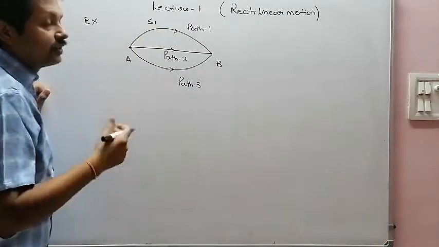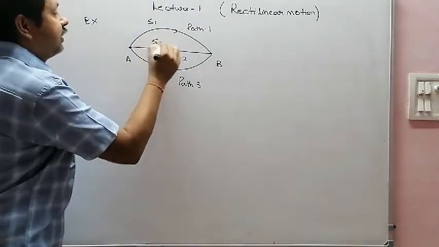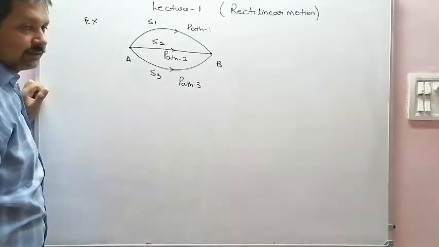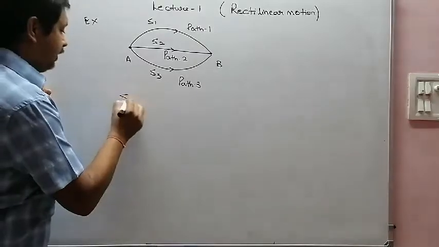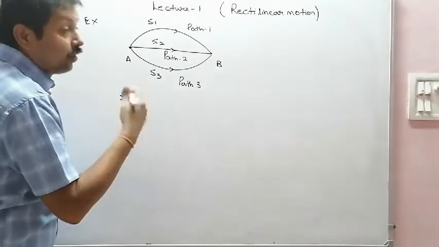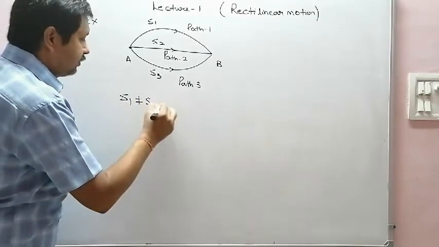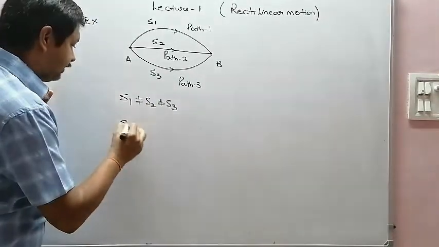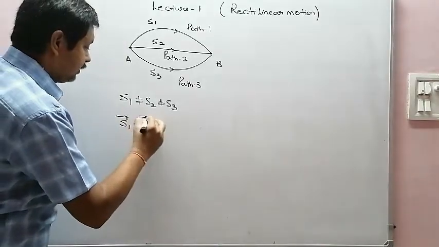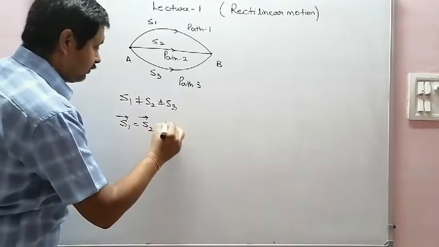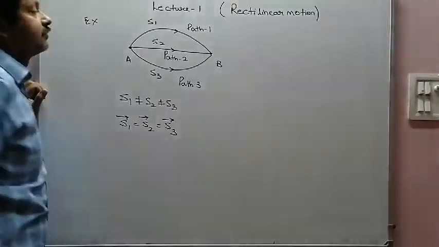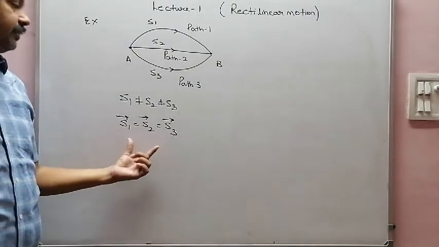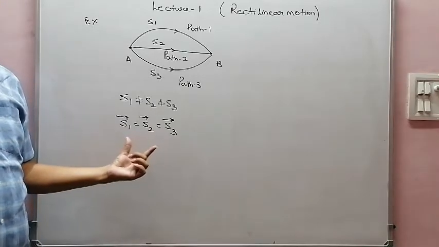S1 is the length of path 1, S2 is the length of path 2, S3 is the length of path 3. S1 is not equal to S2, which is not equal to S3, suppose we say. But displacement 1 is equal to displacement 2 is equal to displacement 3. Since initial position and final position are same, displacement will be same.